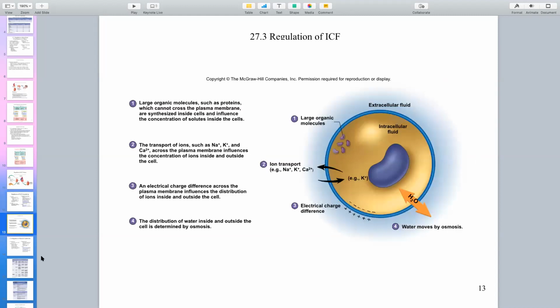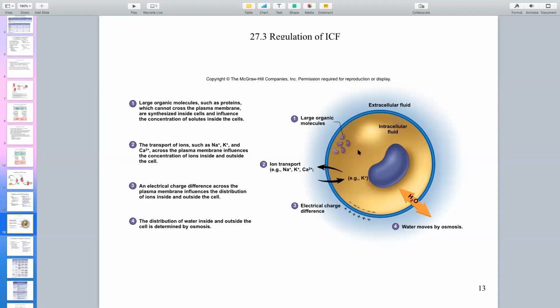Right? In terms of intracellularly, large organic molecules such as proteins cannot cross the plasma membrane. They're synthesized inside the cell and influences the concentration of solutes inside the cell. Sodium, potassium, and calcium, right, across the plasma membrane influences the concentration inside and outside the cell.